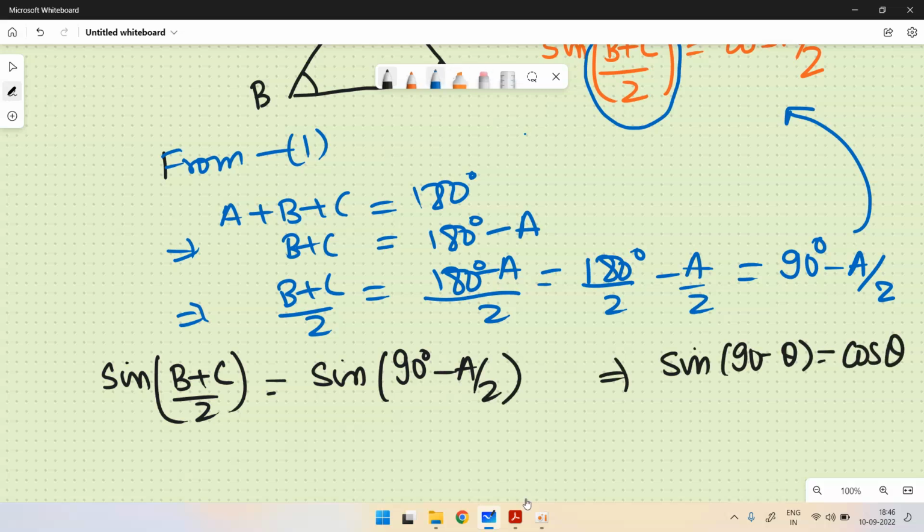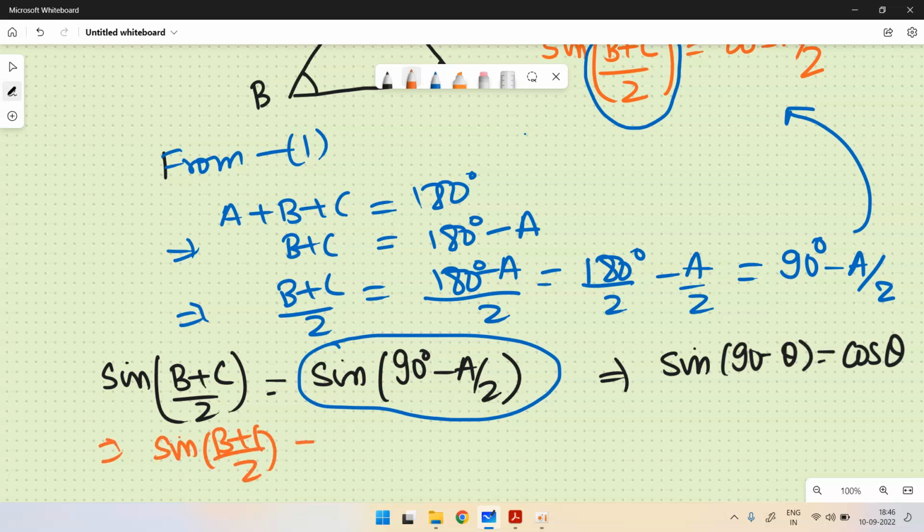So the whole expression becomes in terms of cos. Finally, sine of (b plus c) by 2 is nothing but cos of theta, and here theta is a by 2. This is cos of a by 2, which we needed to prove. Hence proved.